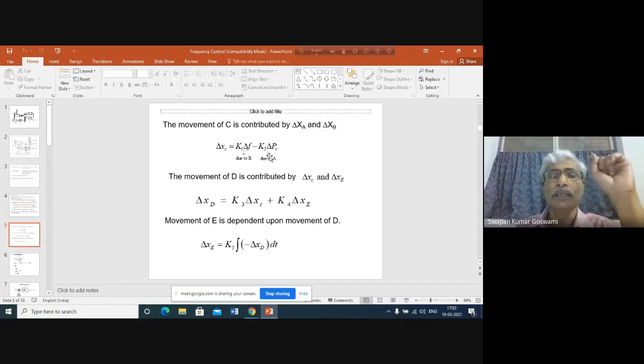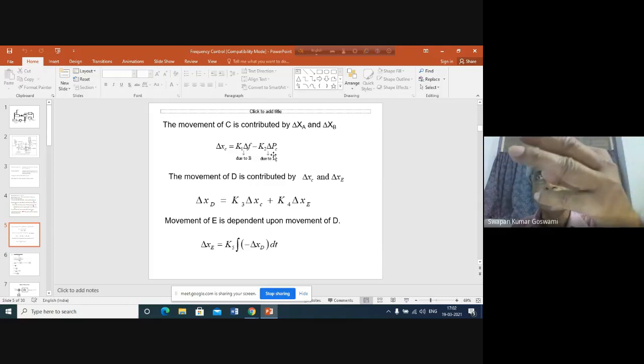Now we see that K2 delta PC represents the change in the position of A. What is delta PC? Delta PC is the power increase or decrease command. How much power has to be increased or decreased is represented by delta PC. So delta PC basically is a power, the power that has to be changed at the output of the generator.